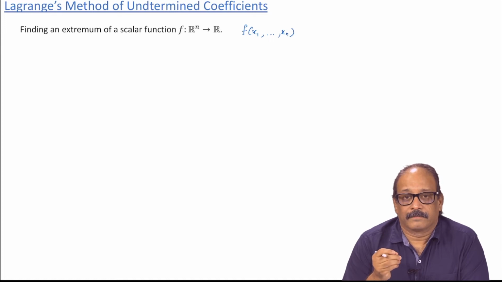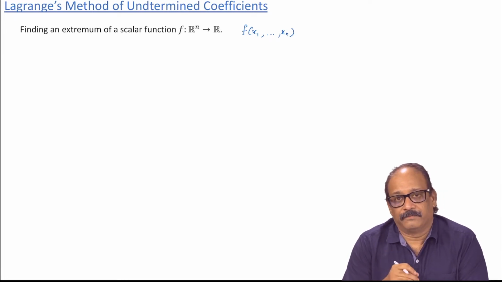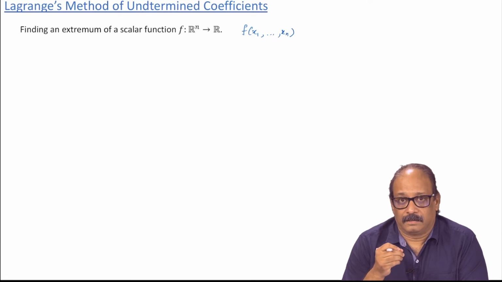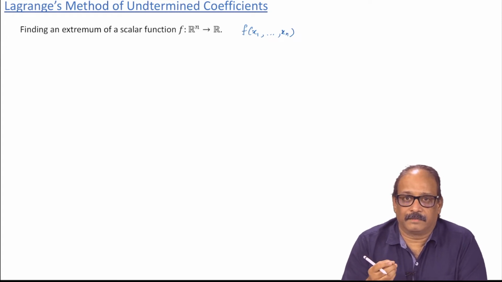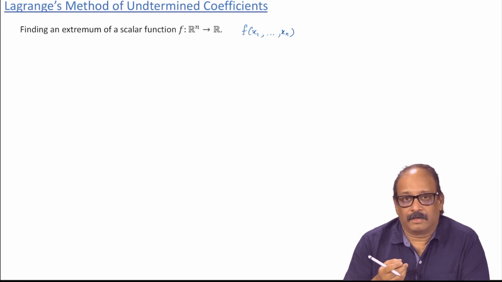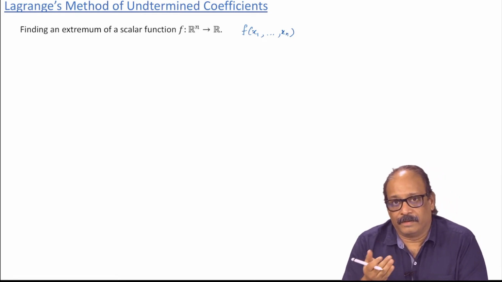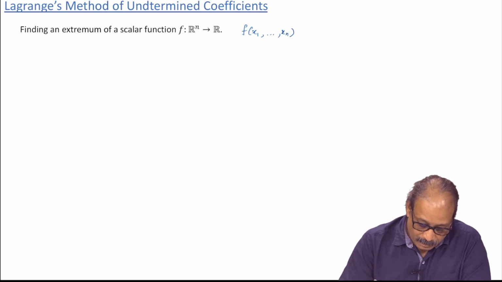In that case, the variation in the function, when I vary the coordinates about a point, if that variation is 0, then we say it is a stationary point, and we know that the stationary points are either minima or maxima, or probably some other combinations of this like saddle points. Okay.